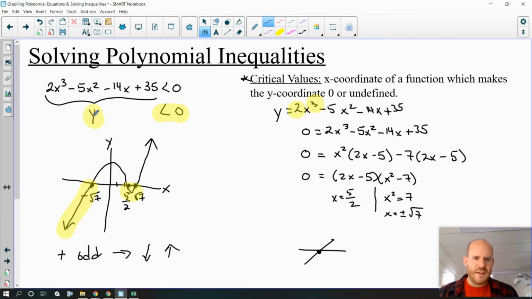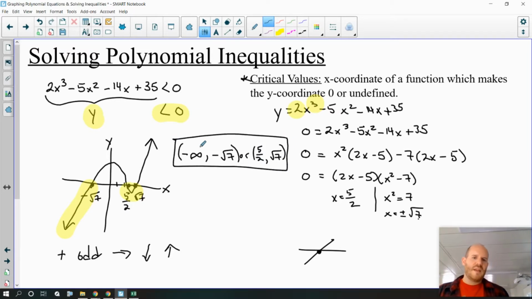So the x values that make this y value negative would be any x value which falls on the interval negative infinity to negative the square root of 7, or on the interval from 5/2 to positive the square root of 7. And those are the intervals of x values for which the y values are negative. I've therefore solved for where this polynomial inequality is negative.